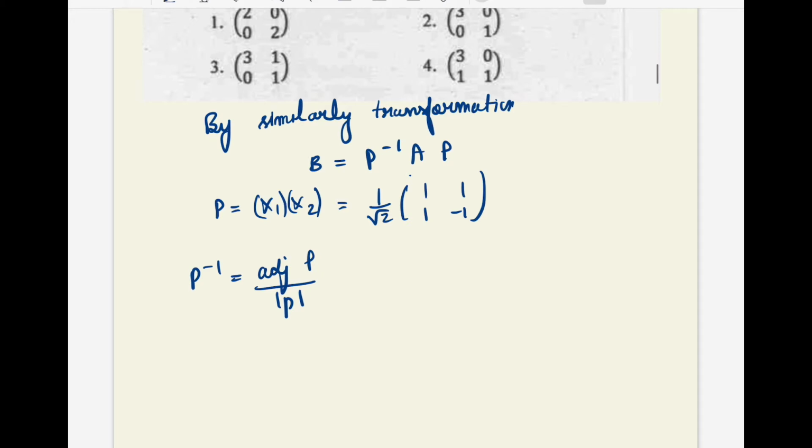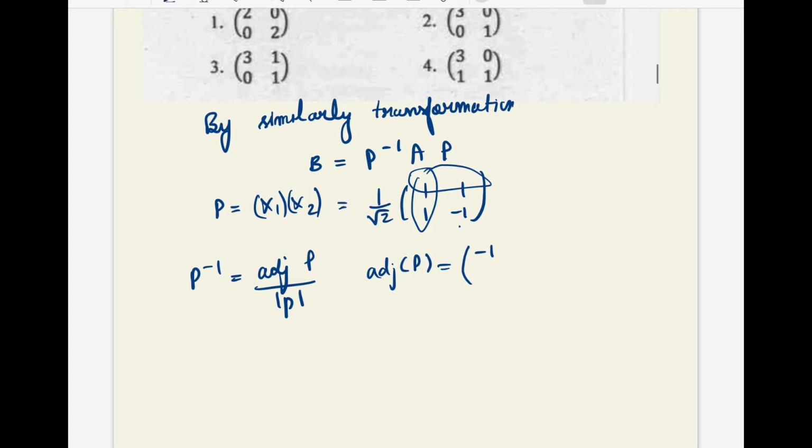Now what is the adjoint of P? You know how it is calculated. For the first element, we close its row and column, and multiply by minus 1 to the power 1 plus 1, so the first entry is minus 1.